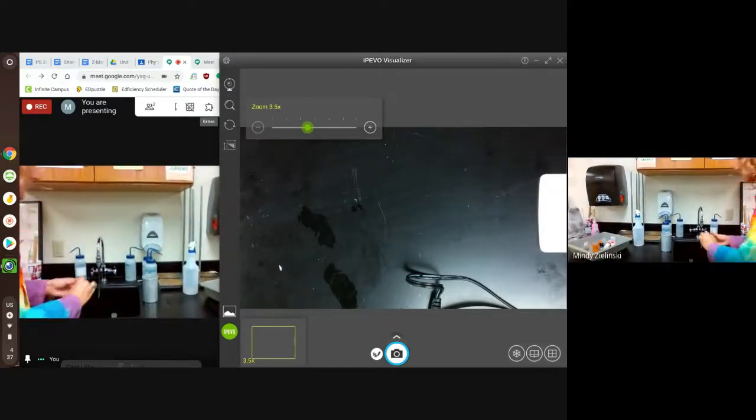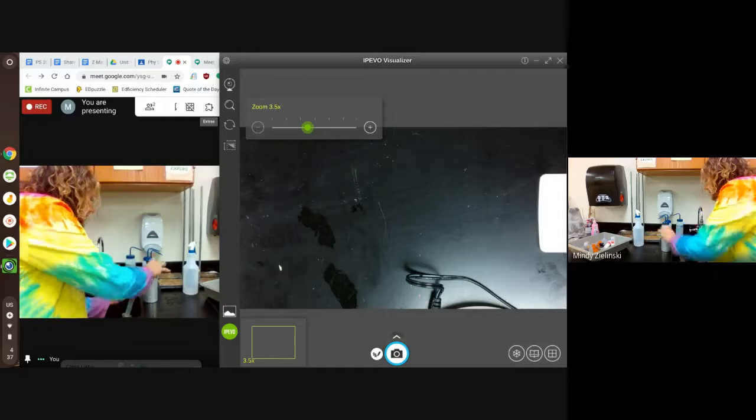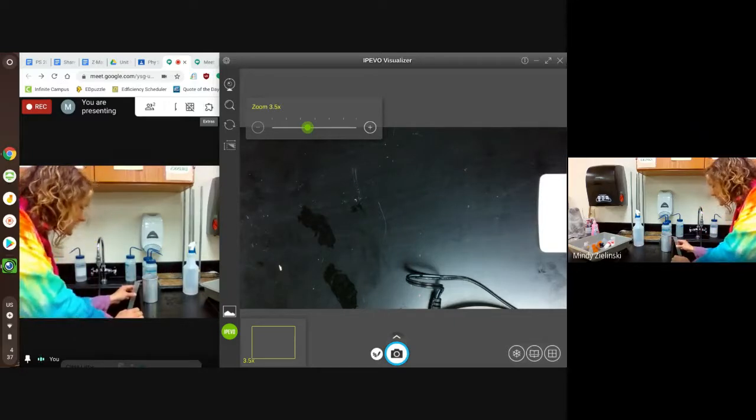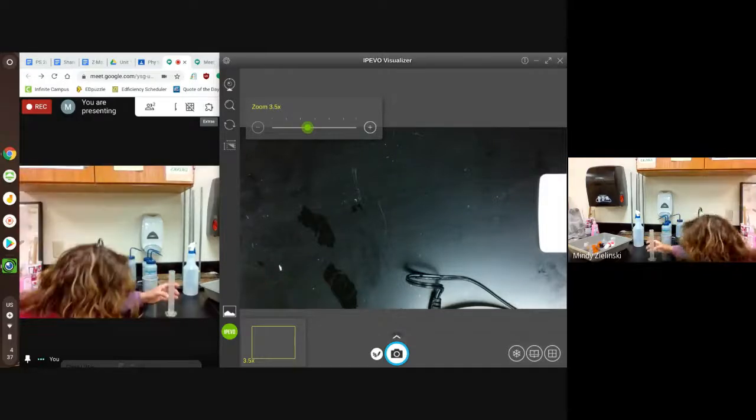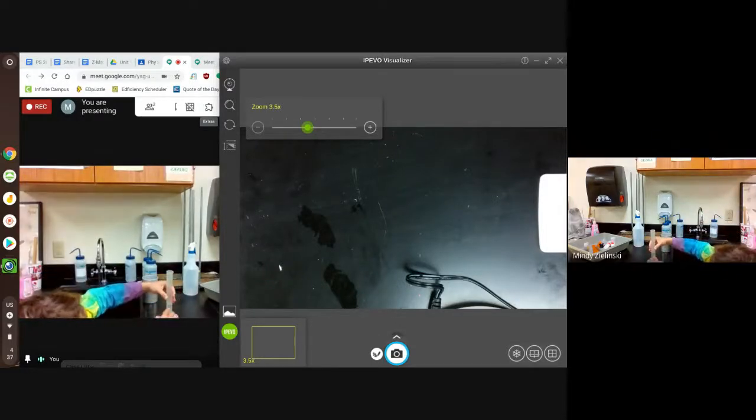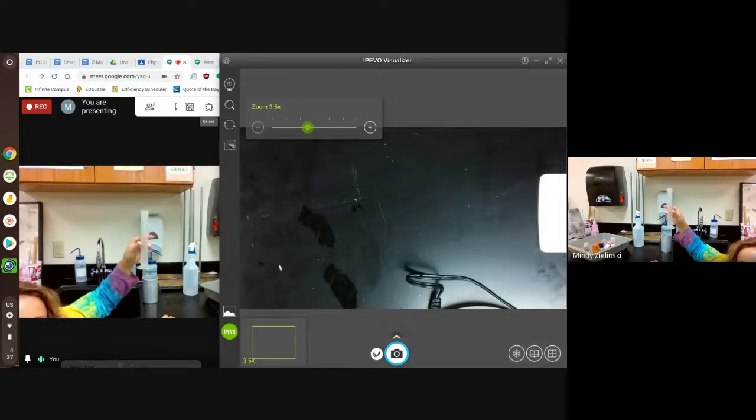Okay, so I'll put this in, and then we're going to collect what's overflowing and make a volume reading here. It's still dripping a little bit. We'll call that good. And we have 10, 11, 12, 13, 14, about 15 mils of water that's in here.